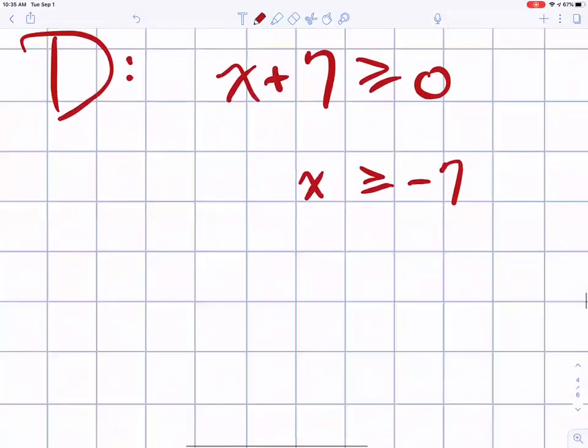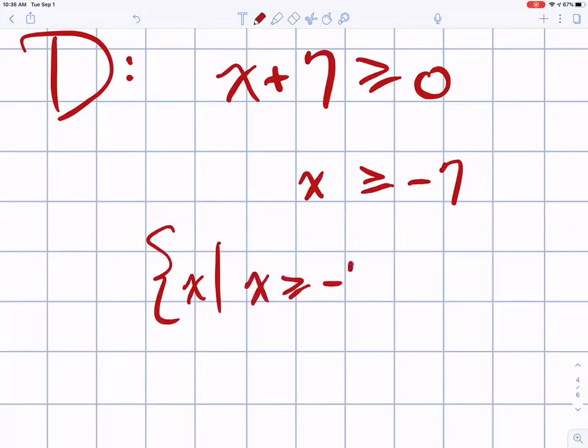Okay, there's 2 ways I can write this. If my lab lets me write it in set builder notation, we got x such that, and just copy what you've got up there. x is greater than or equal to negative 7. But if my lab asks you for this in interval form, think about all numbers that are greater than or equal to negative 7.